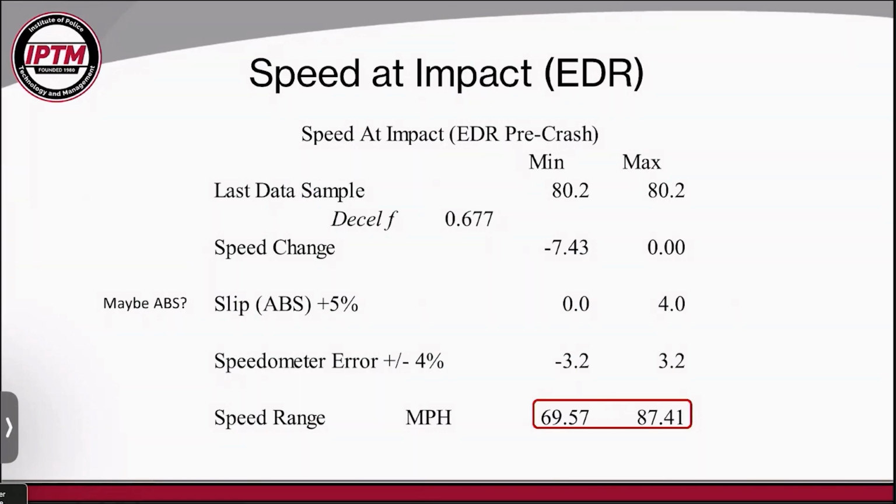Speedometer error, you're always going to have plus or minus 4%. So that's what you're seeing there. And what that gives us is a speed range of 69 to 87. The only reason we're doing this is to look at the reliability of the information. Is it related and is it reliable? Can I use this information contained within the event data recorder for any additional analyses?